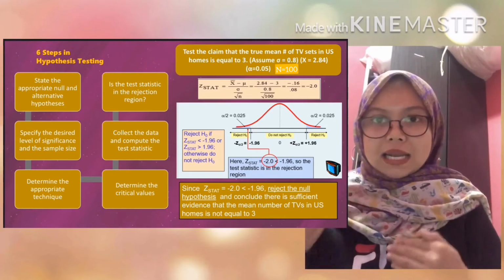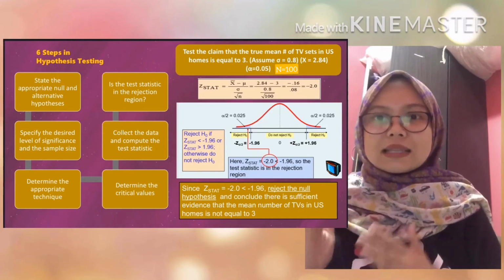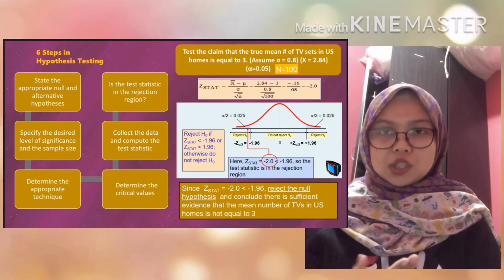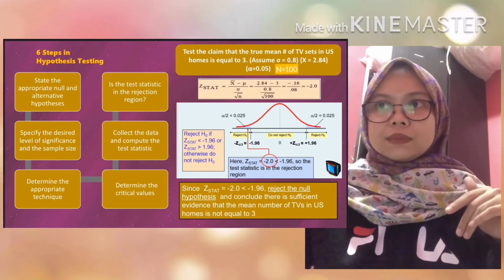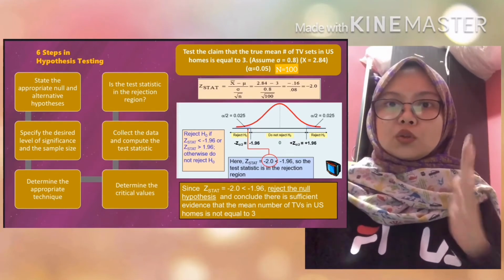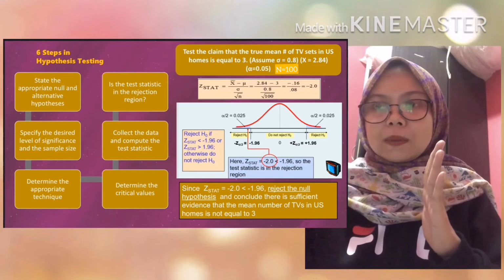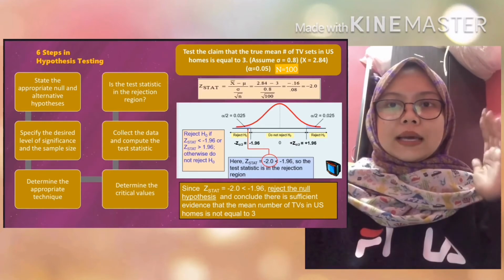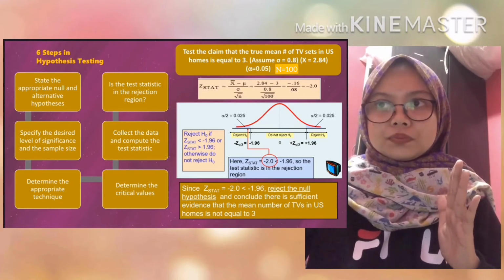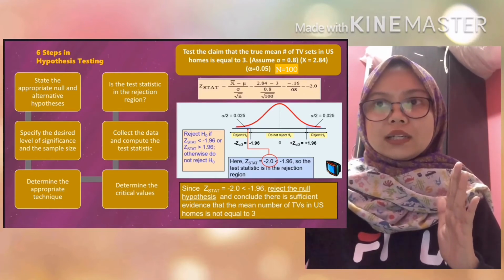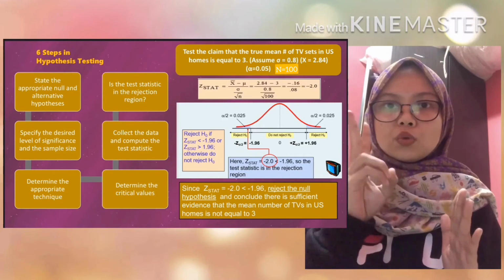For the last step, is the statistic in the rejection region? So we should draw the diagram, with two regions, on the right and left, and then we should divide the critical value because it is a two-tail test.